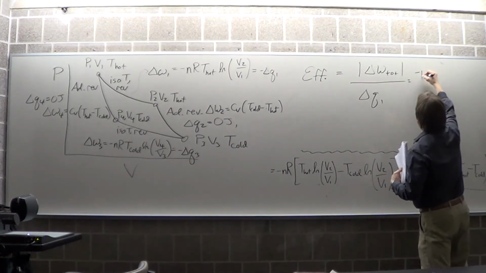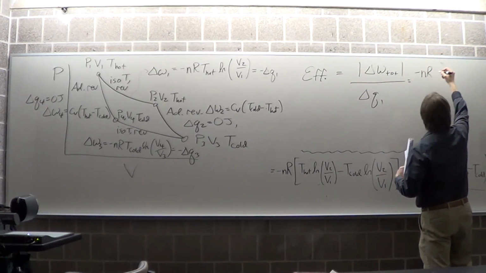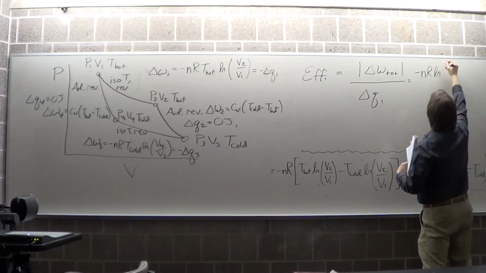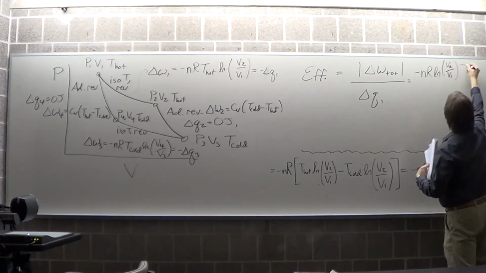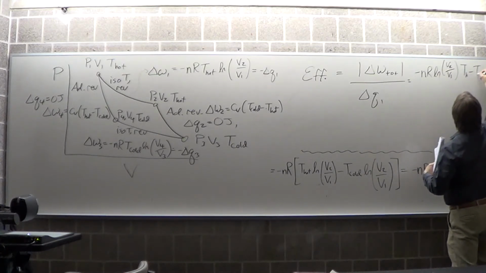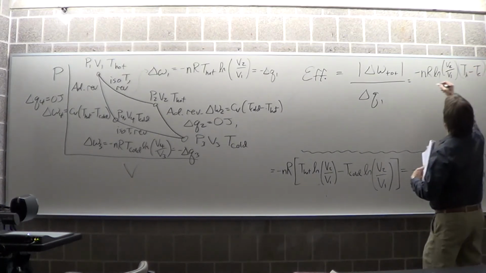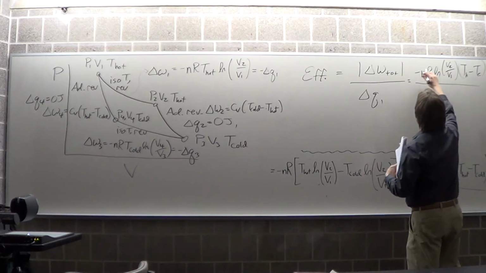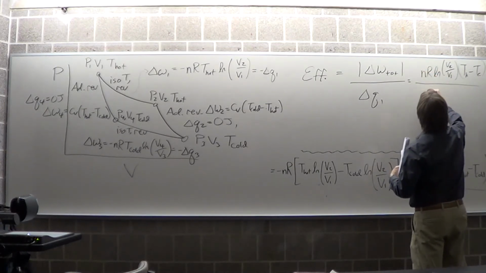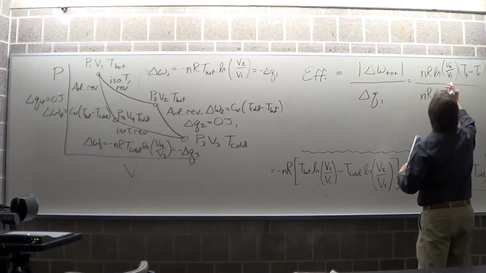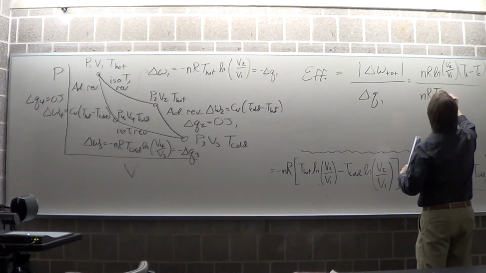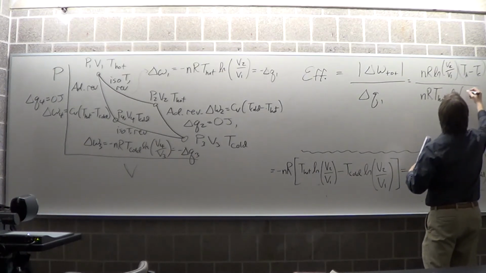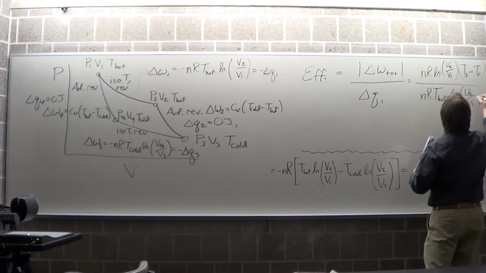Okay, so this is minus nR ln V2 over V1. Sorry, for the compression. Okay, and then the efficiency. Let me get rid of the minus sign. nR T hot ln V2 over V1.